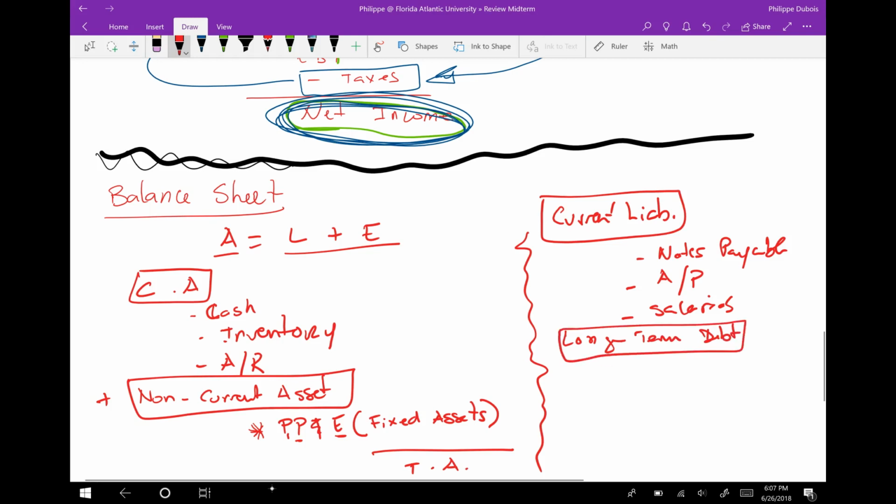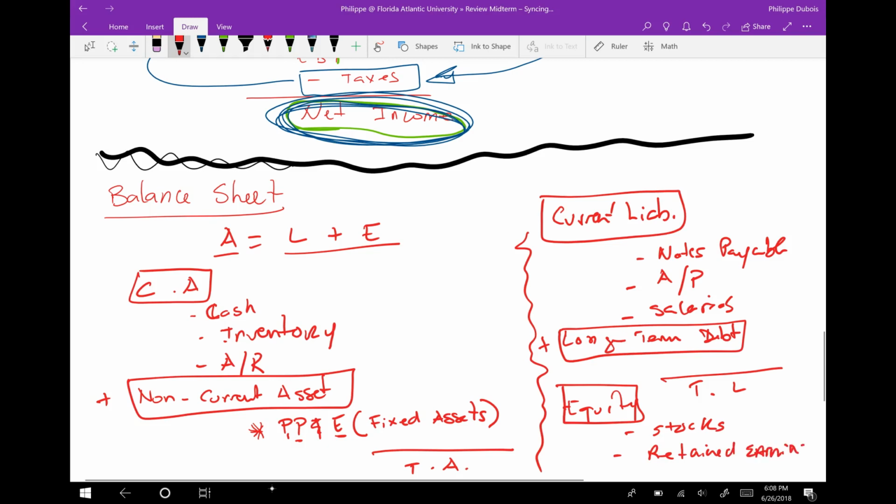All right, now your current liability plus your long-term liability will give you your total liability. At the bottom, you'll have your equity, stockholders' equity, and that will be stocks, and that will be your retained earnings. All right, so this side equals this plus this.